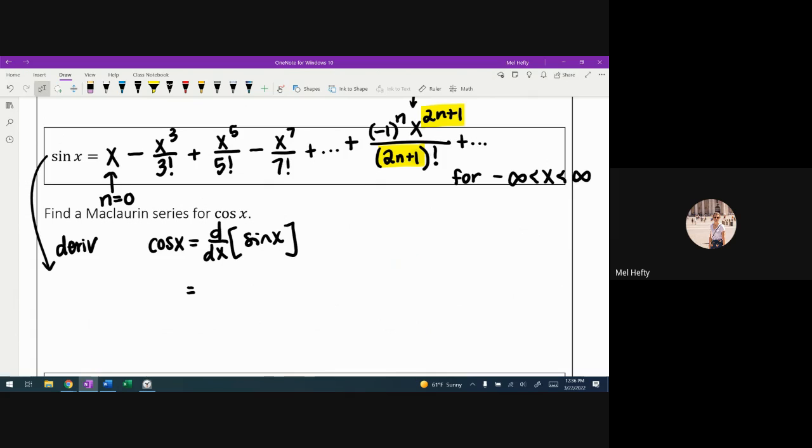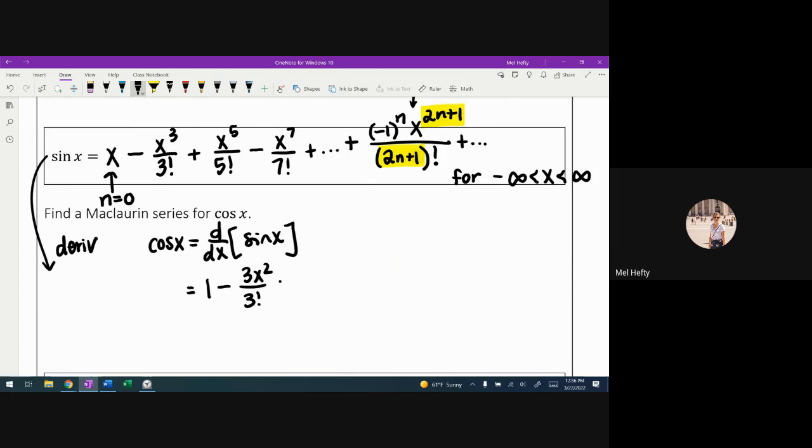All right, who's feeling brave? What's the derivative of x? 1. We don't need dx, just the normal derivative. All right, I'm just going to keep the factorials for a second, see what happens. What's the derivative of x cubed? Ooh, looks like something cool is going to happen with the 3 and the 3 factorial. We'll get back to that.